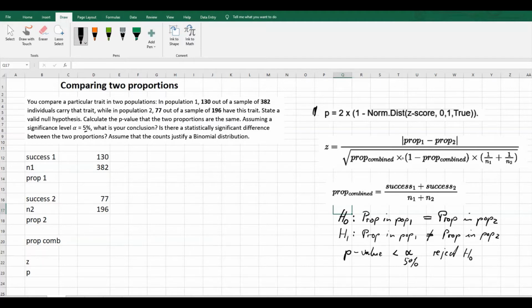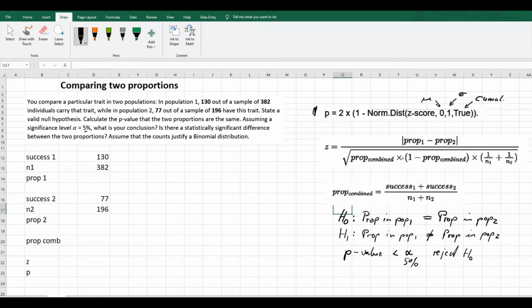The normal distribution takes a z-score, and it is standardized, so the mean of the normal distribution would be 0, the standard deviation would be 1, and this parameter true indicates that we are cumulative.